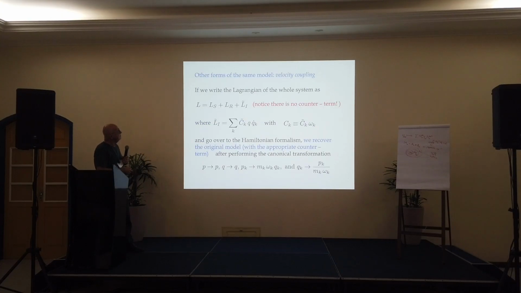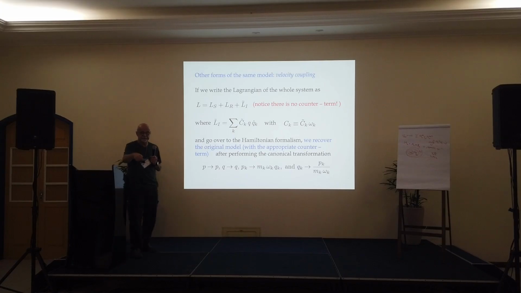Now, okay, fine. Another thing is the fact that we can write the Lagrangian for the whole system in a different way. Instead of coupling coordinate to coordinate, I can couple this thing with different coupling constants, coordinate to velocity of the oscillator. I can do that.